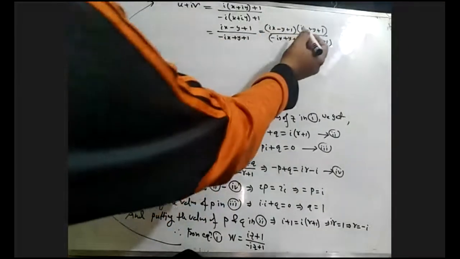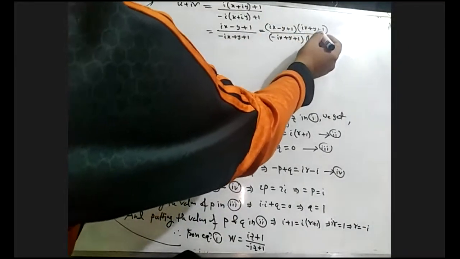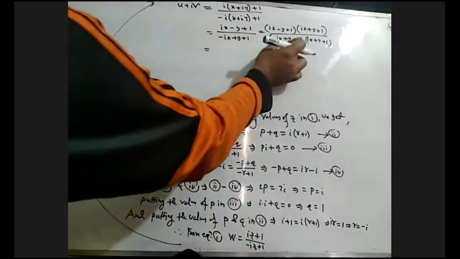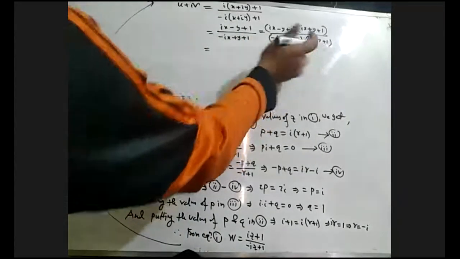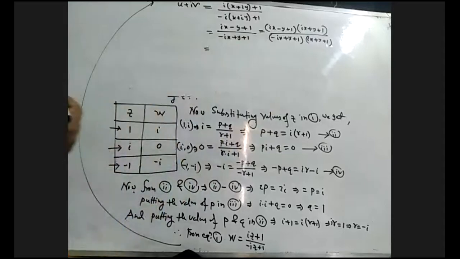That means multiplying both numerator and denominator by ix plus y plus 1. Using the formula a plus b into a minus b, we get a square minus b square.